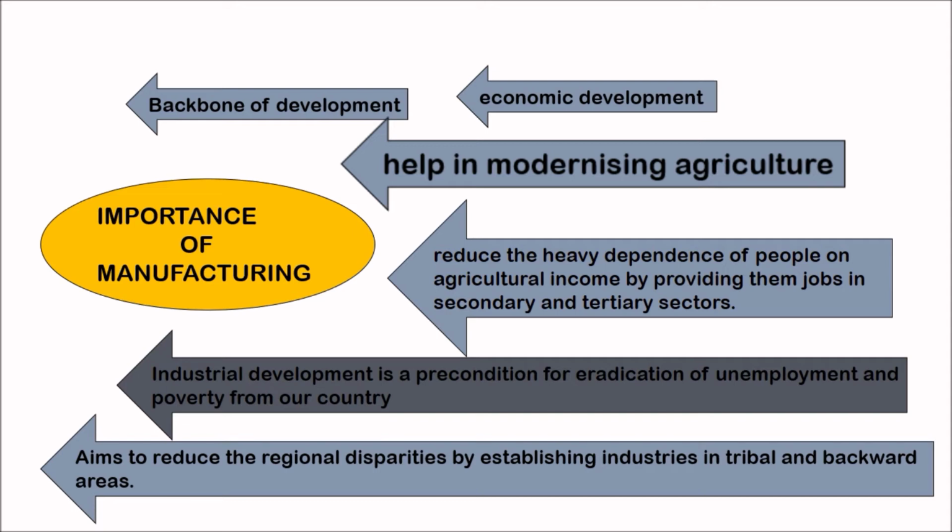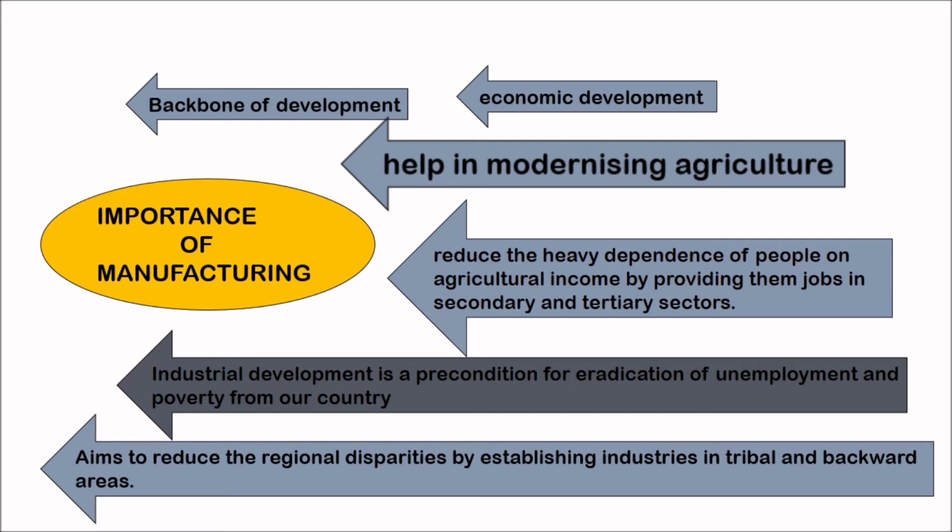Those lands are used for establishing manufacturing industries, because they can help the people, those who are dependent on the agriculture sector, to attain a job and reduce their dependence on agriculture.